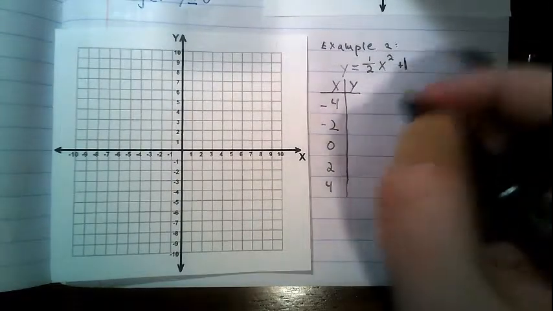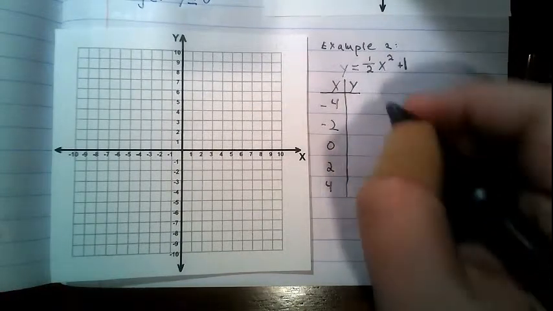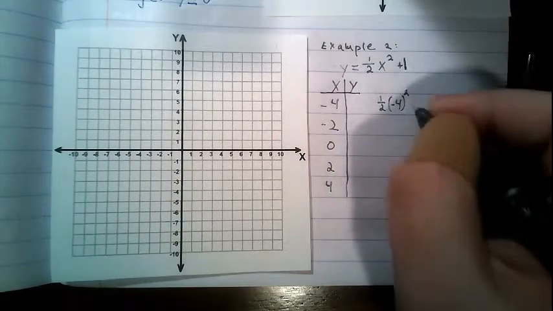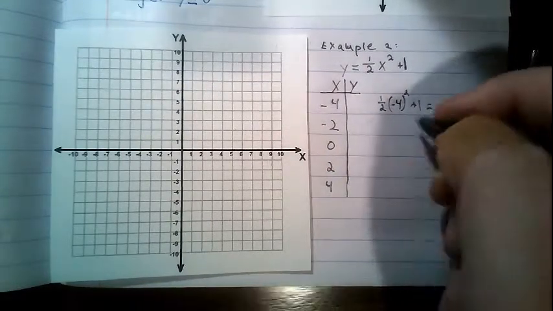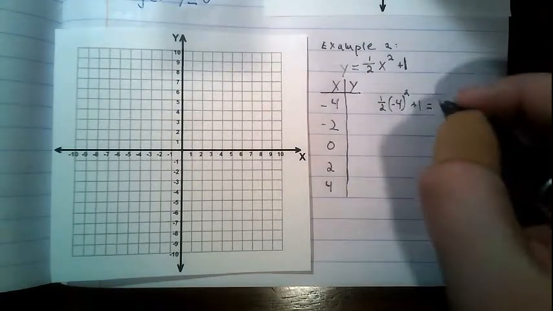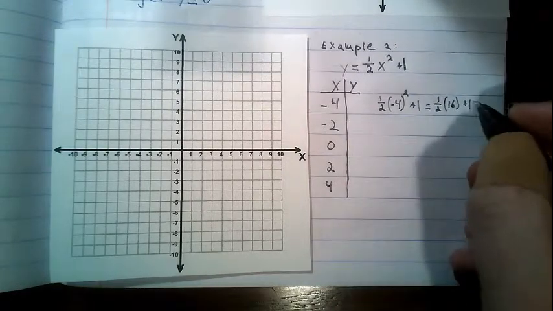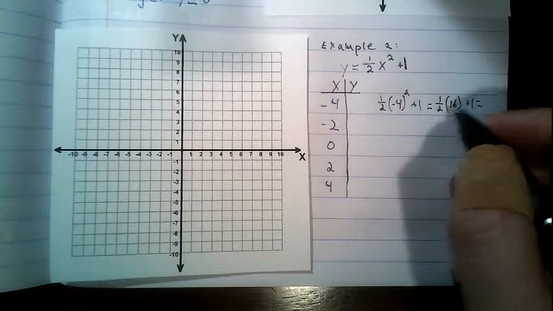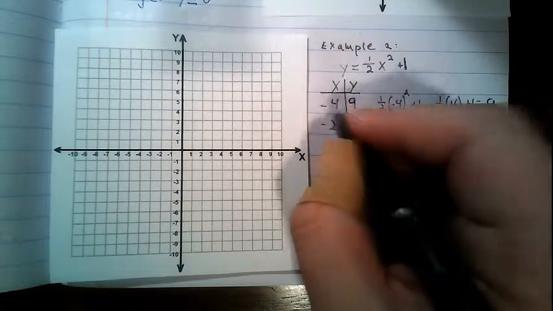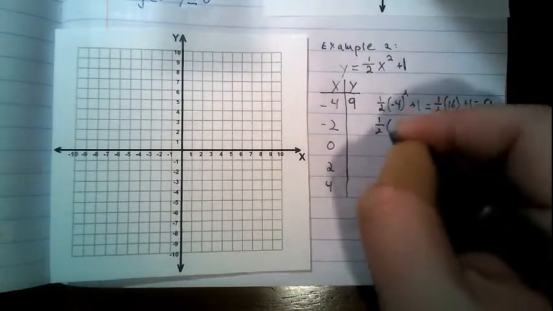And let's evaluate. So I know my function is 1/2 x squared plus 1, so that's 1/2 times negative 4 squared plus 1. Negative 4 times negative 4 is 16. One half of 16 is 8, plus 1 would give me 9. So negative 4 goes with 9. And I'm just going to keep on evaluating.